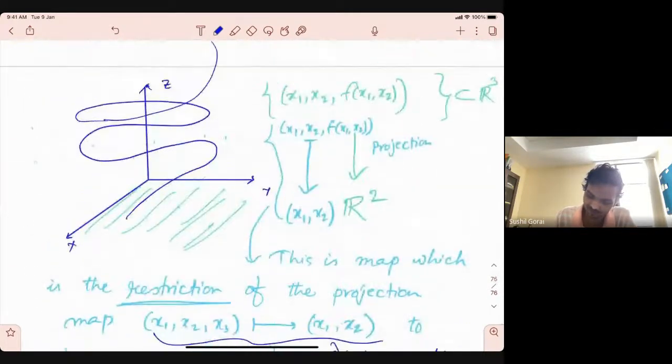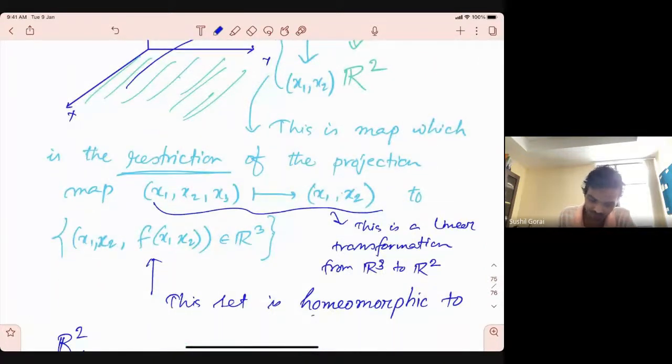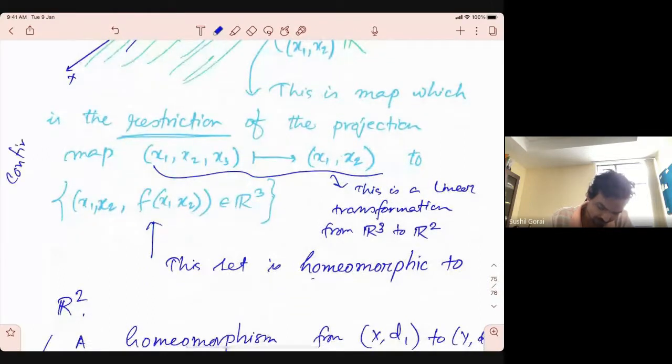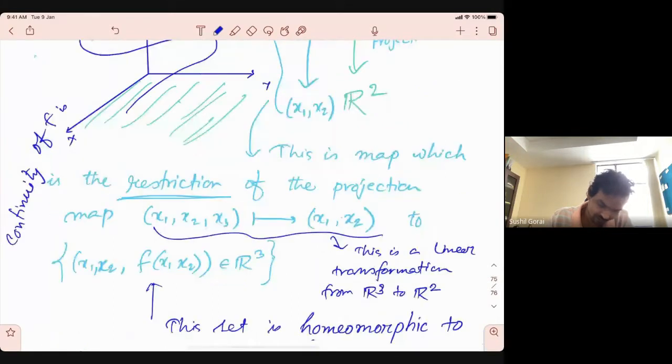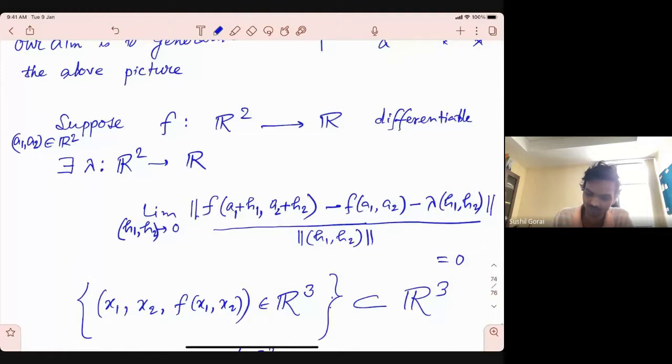So of course, continuity of f is necessary for this argument. So this is a valid point. We started with differentiable, that's why we did not talk about continuity.